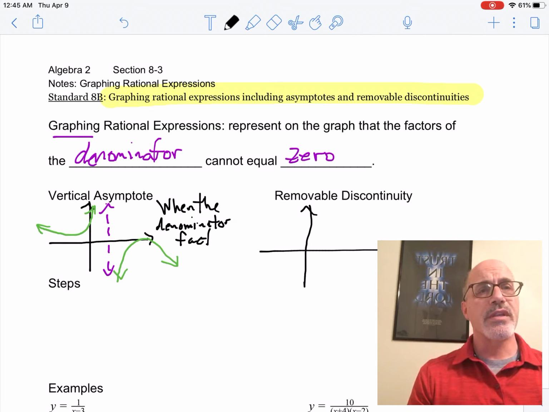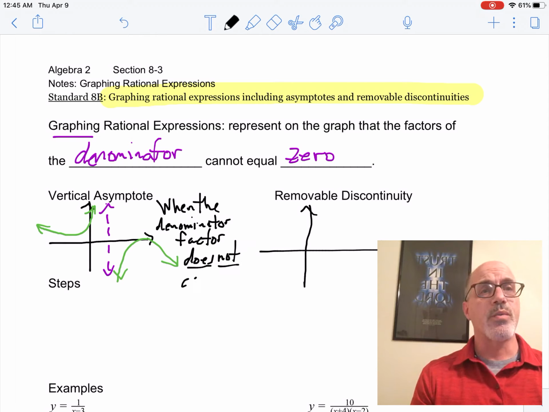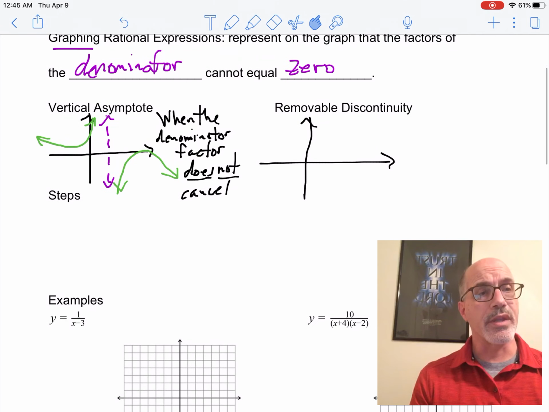Now when we move to the removable discontinuities, when we draw the graph, they look like holes in the graph. You're going to see graphs that are very familiar, but when you draw them, you'll end up having what looks like a hole where the graph actually skips over it.